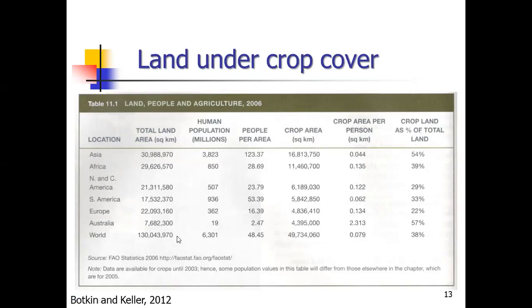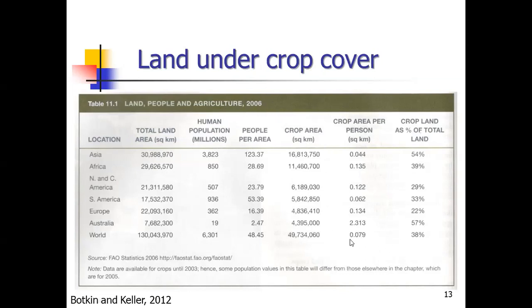The consequence of this is that crop area per person is reducing dramatically. As the population grows, land area remains a constant, and the amount of land available for production of crops as well as other materials is reducing. So, on a global scale, at the time that this particular book was written, that's almost, let's say, 10 years ago, this data is 2006.